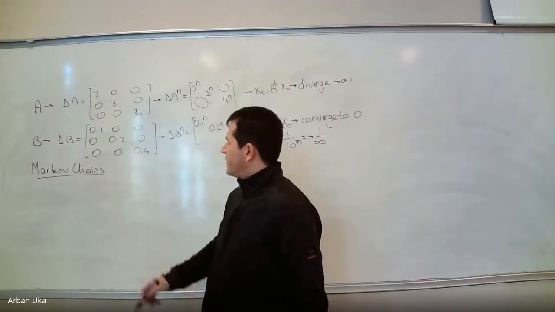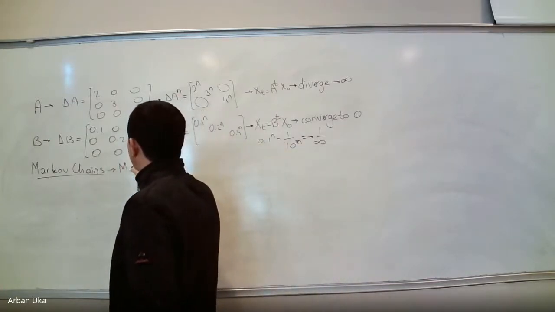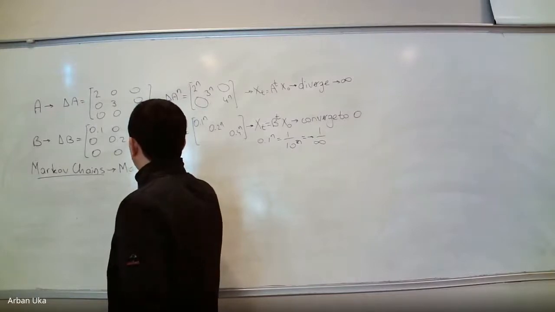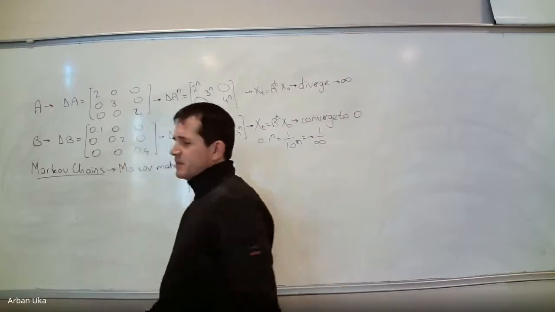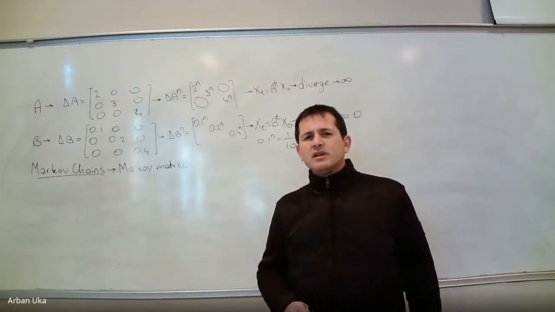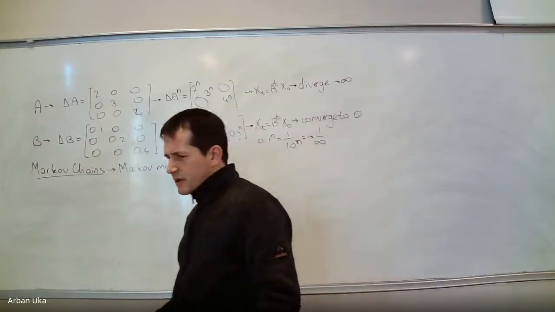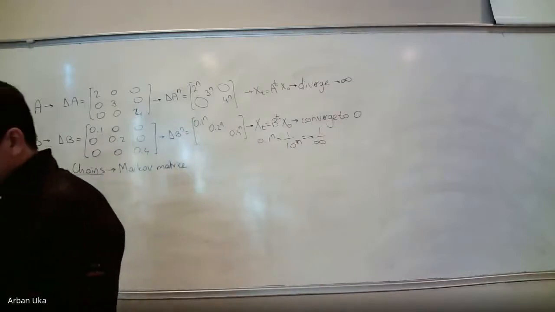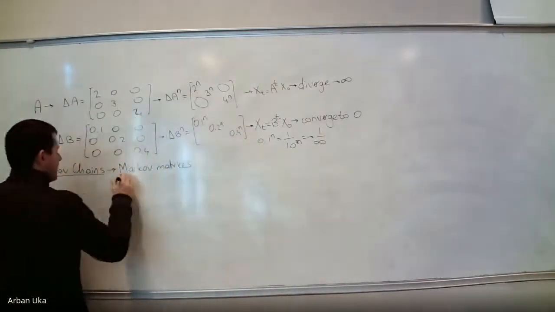Markov chains are models that include these types of matrices. In Markov matrices, the sum of each column is equal to 1.